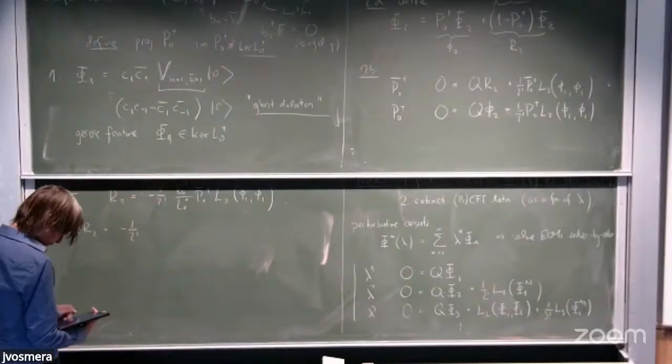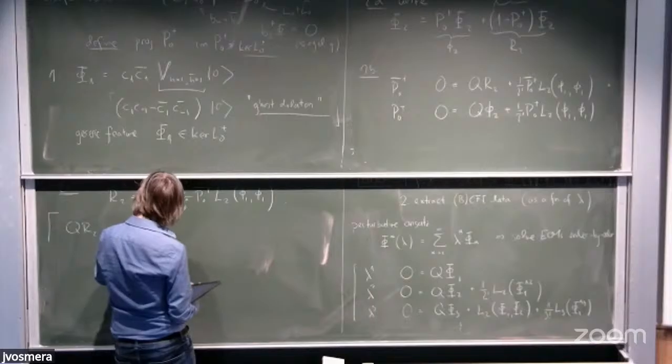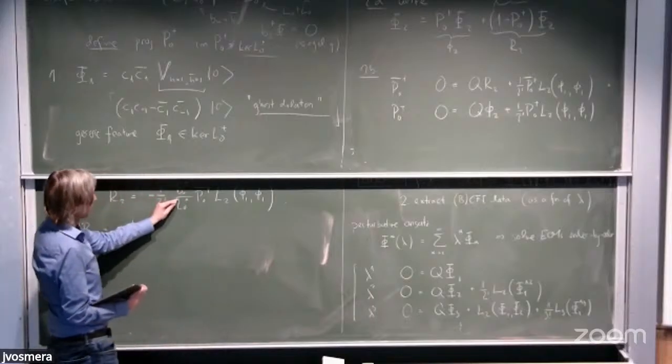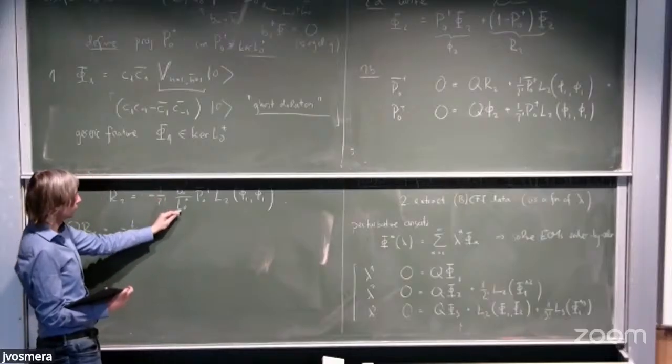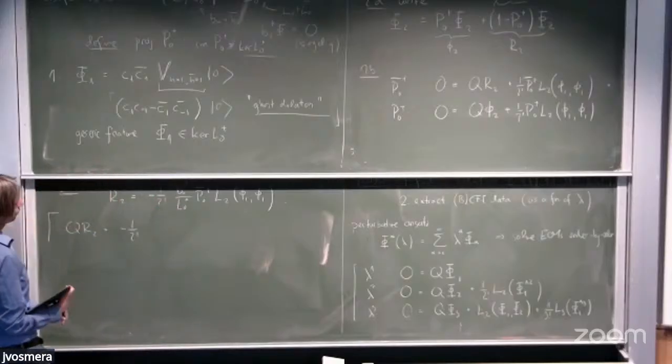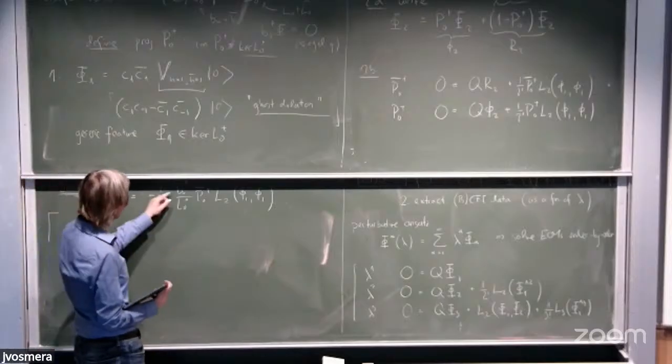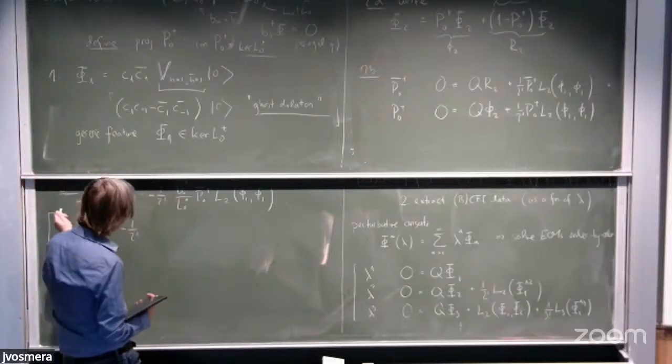So first of all, I should say that here this fraction is well defined, right? Because L0 and B0 commute. So I could have written either 1/L0 plus times B0 or the other way around. Doesn't really matter.